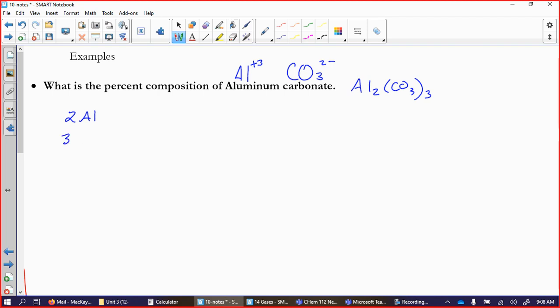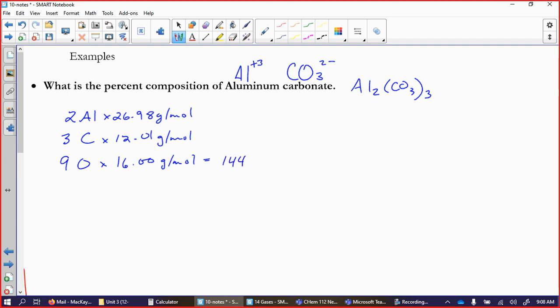We have 3 carbon, and we have 9 oxygen. And oxygen is 16. So 4 is 64, 8 is 128, 138, 144 grams of oxygen.